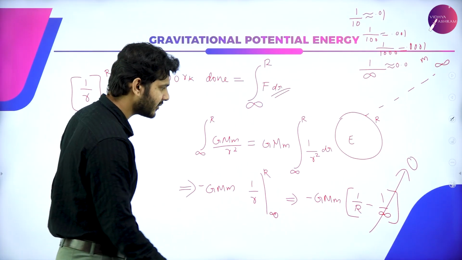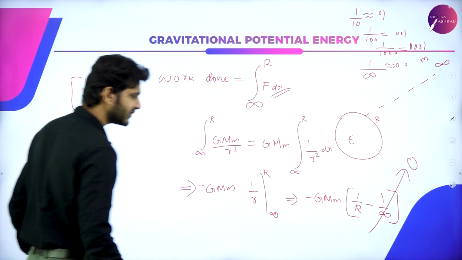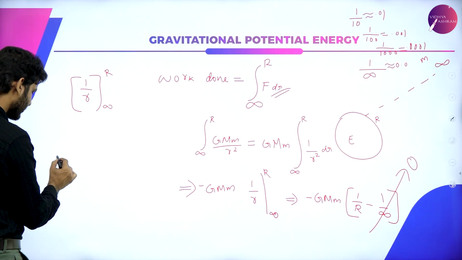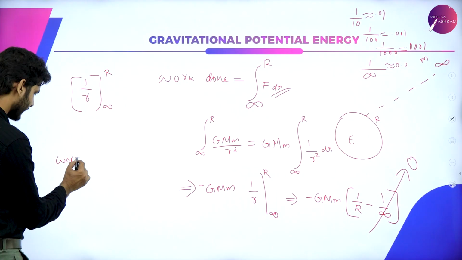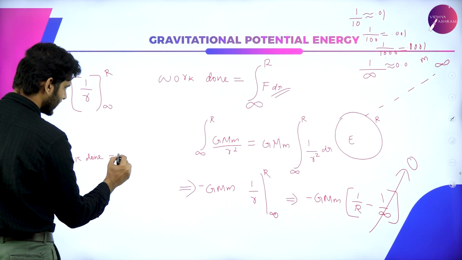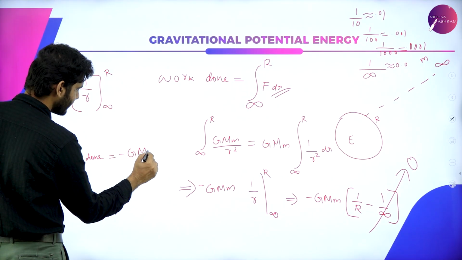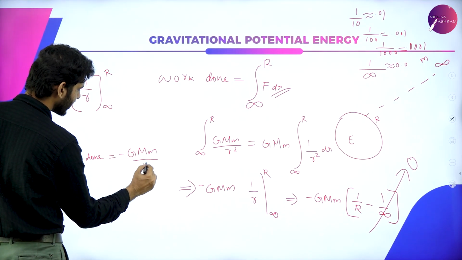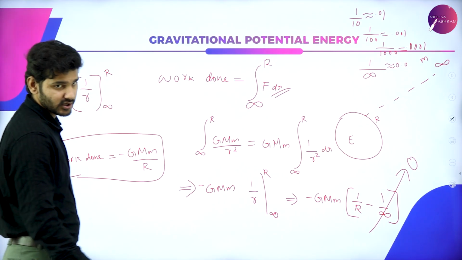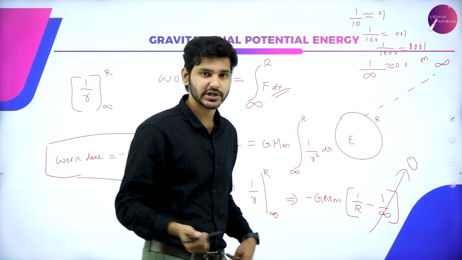Right, and the only remaining quantity is 1 by r, which means I can write this particular quantity, that is, work done. Work done is equal to negative GMm divided by r. We got this particular result. So sir, this is work done. What about potential energy?